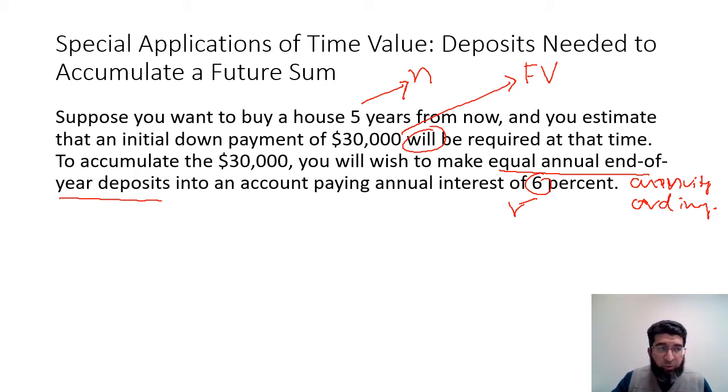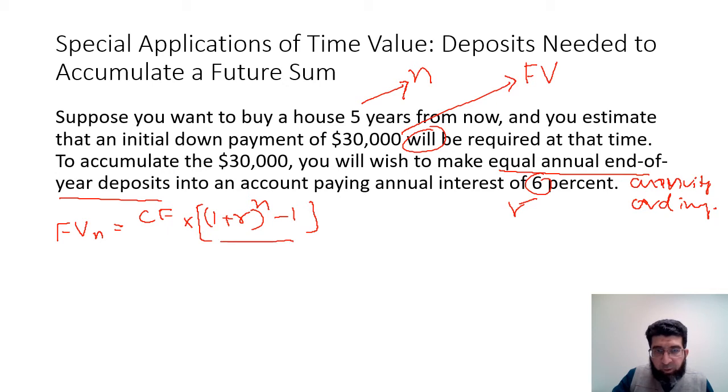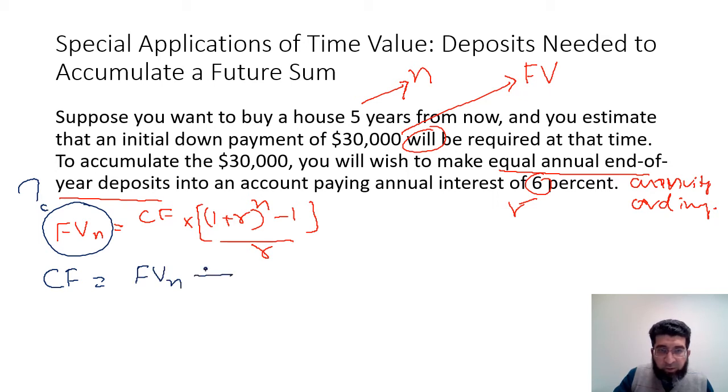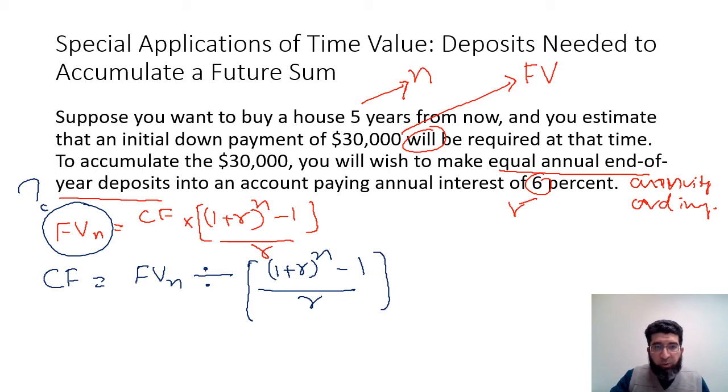Here we need future value, so we are going to pick the future value of annuity equals cash flow multiplied by (1 + R)^N minus 1, divided by R. Since we need to calculate the cash flow, we are going to rearrange the formula, and that would be cash flow equals future value divided by the entire value, which is ((1 + R)^N minus 1) over R, and we will get the annuity amount.